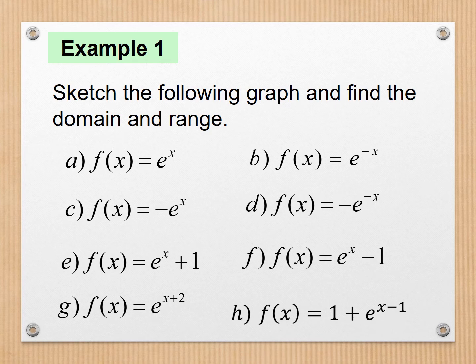E, f(x) equals e to the power of x plus 1. F, f(x) equals e to the power of x minus 1. G, f(x) equals e to the power of x plus 2, and lastly H, f(x) equals 1 plus e to the power of x minus 1.